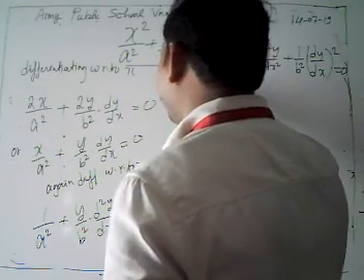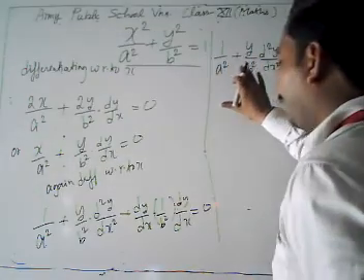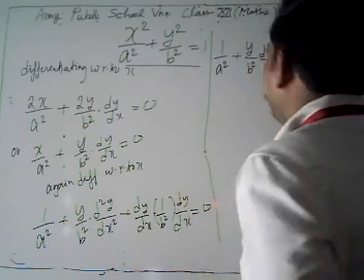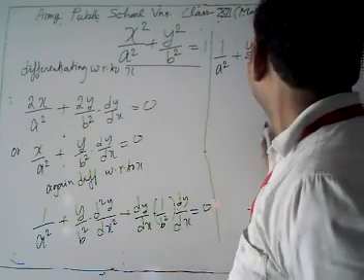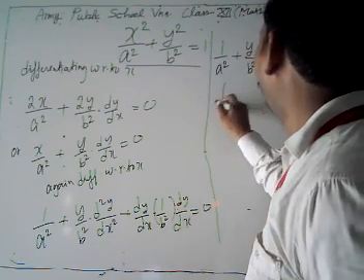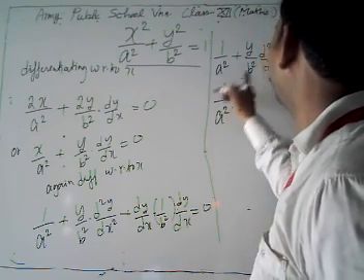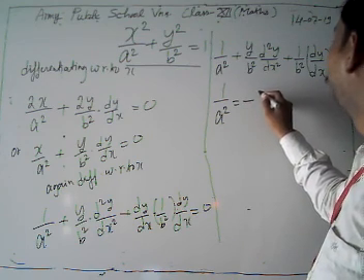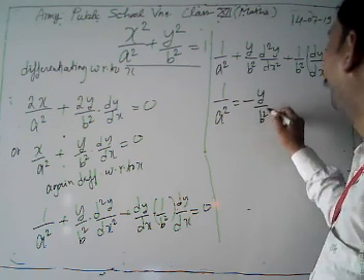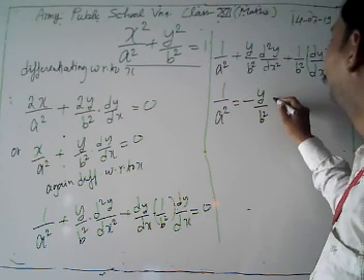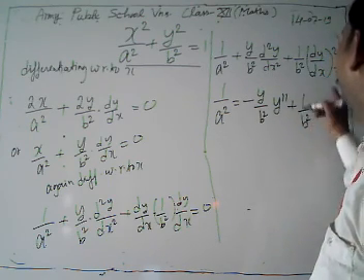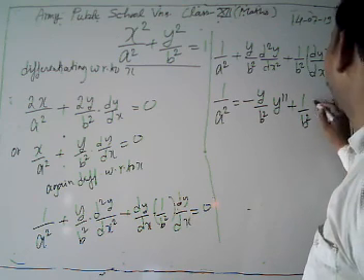We have 1 by a square plus y by b square d2y dx2 plus 1 by b square dy dx whole square equal to 0. From here we get the value of 1 by a square, which is equal to minus y by b square y double dash plus 1 by b square y dash square.